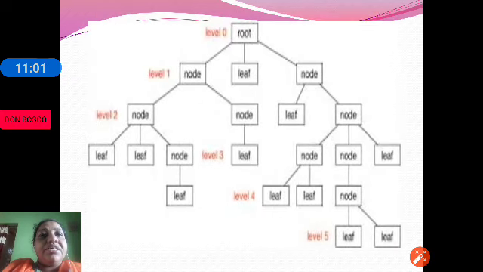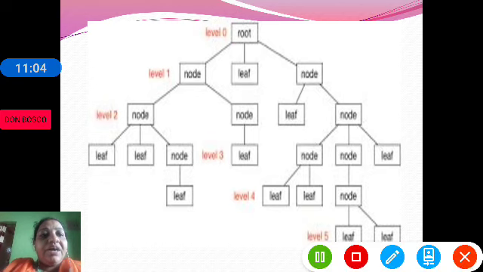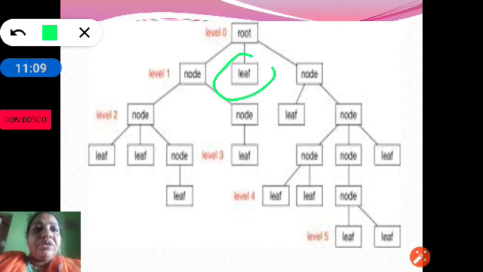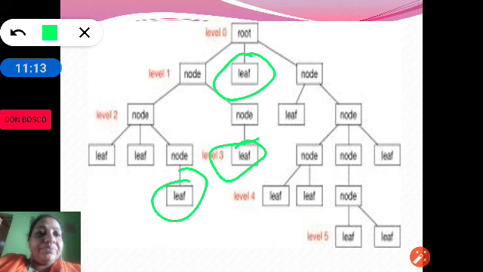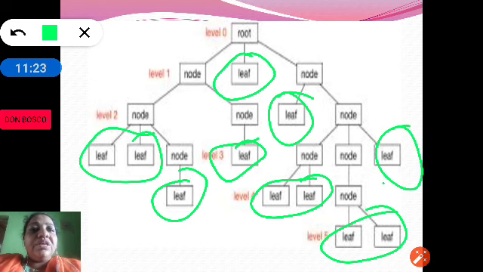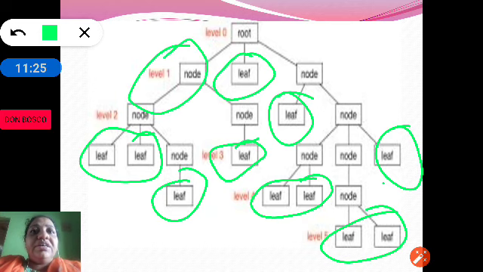In the example, we have the root node, then there is a leaf, and you can observe here, if a node does not have a child node, such a node is called a leaf node. So these are the leaf nodes, and these are the leaf nodes, and these are called internal or inner nodes.